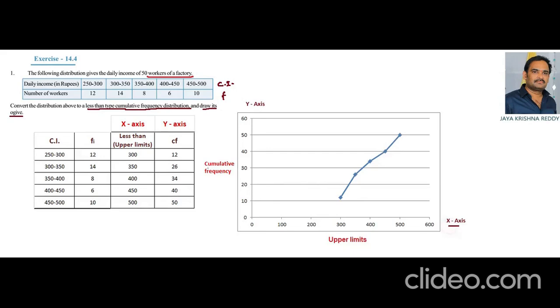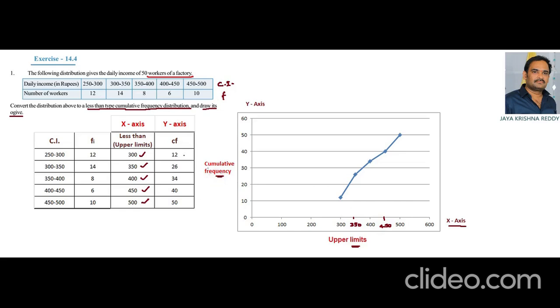On the x-axis, we have taken the upper limit values. The upper limit values are 300, 350, 400, 450 and 500. On the y-axis we take the cumulative frequency values.